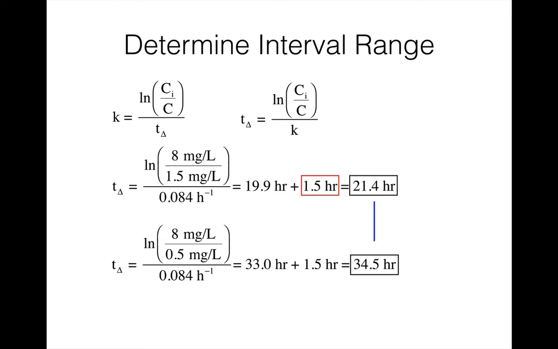So our dosing interval must fall between 21.4 and 34.5 hours to meet the criteria of a peak of 8 and a trough between 0.5 and 1.5. That gives us a potential dosing interval in this range of 24 hours.